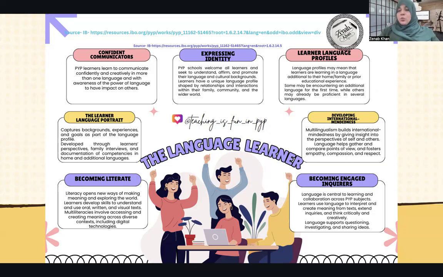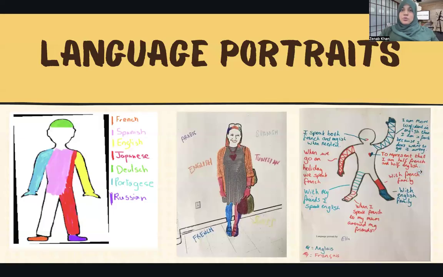Up next, I'm sharing with you another strategy, which is the language portrait. A learner language portrait can absolutely be used as a strategy for differentiation in PYP. Now, you may ask me why it supports differentiation. I'll explain. This supports differentiation by giving a personalized insight.